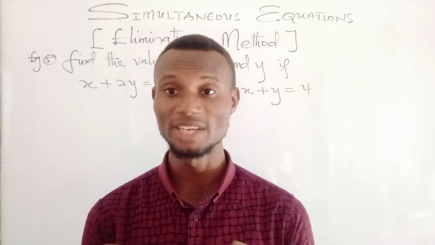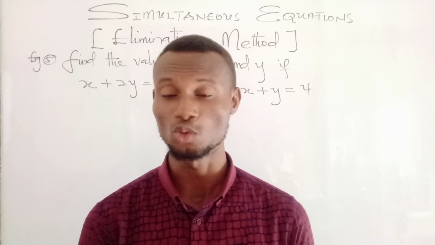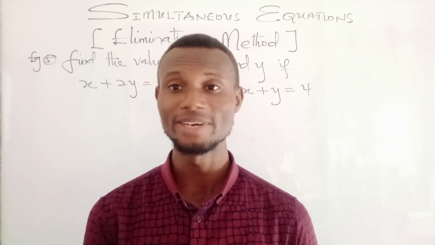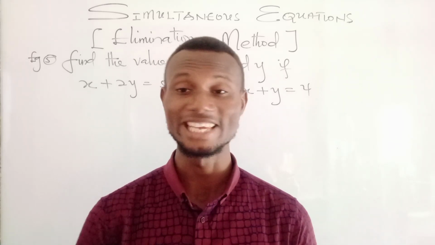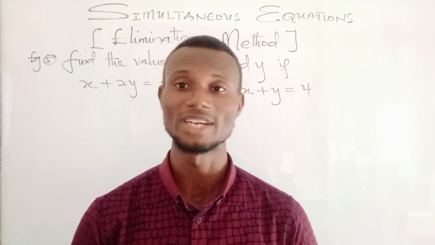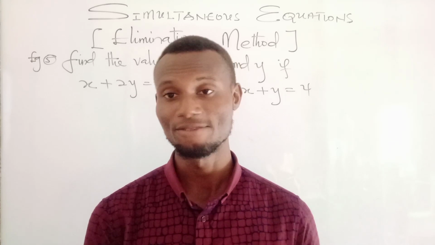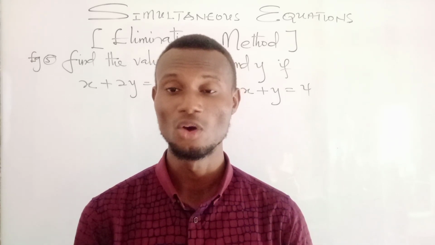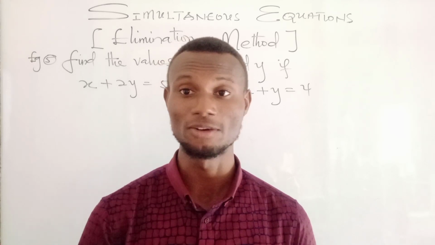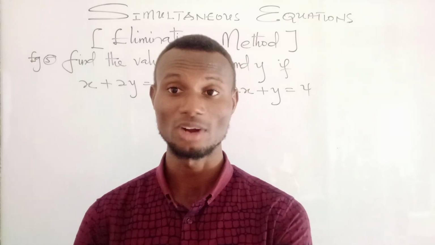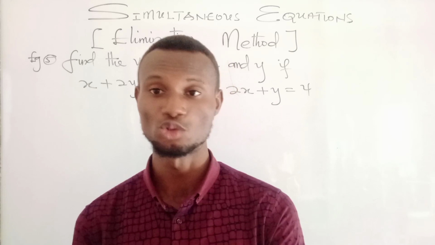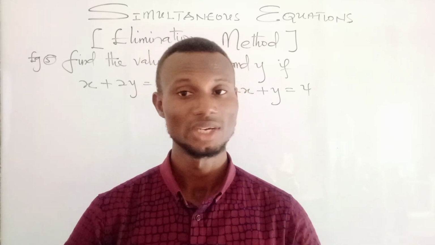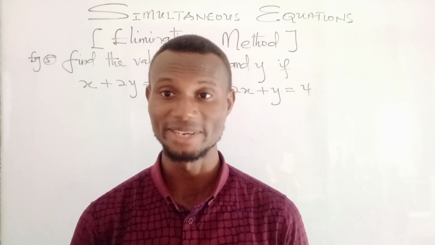The elimination method is just a process of making sure that you eliminate one of the variables in the given equations, so that you have only one variable left and you will be able to solve for the value of that variable. After you've gotten the value for that variable, you use it to find the other variable as well. So that's it about the elimination method.